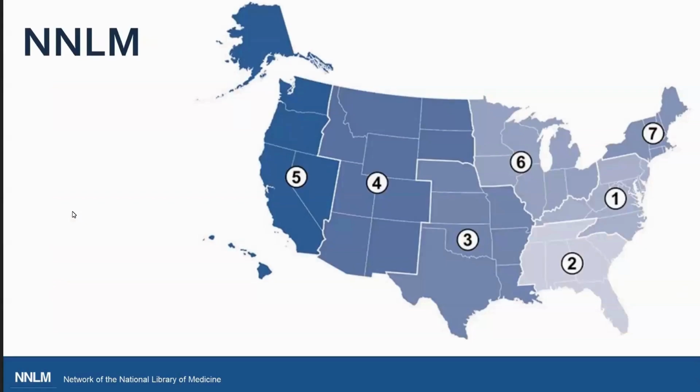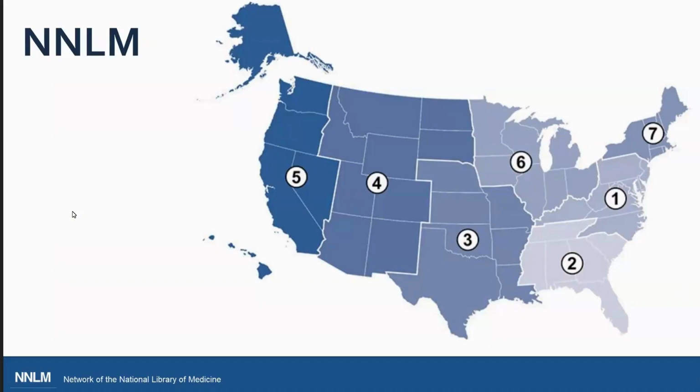So with that, I briefly wanted to introduce the Network of the National Library of Medicine. I'm sure that many of you have taken classes with us before, so welcome back. And if you haven't, welcome. As the name suggests, the NNLM is part of the National Library of Medicine, which is within the National Institutes of Health.